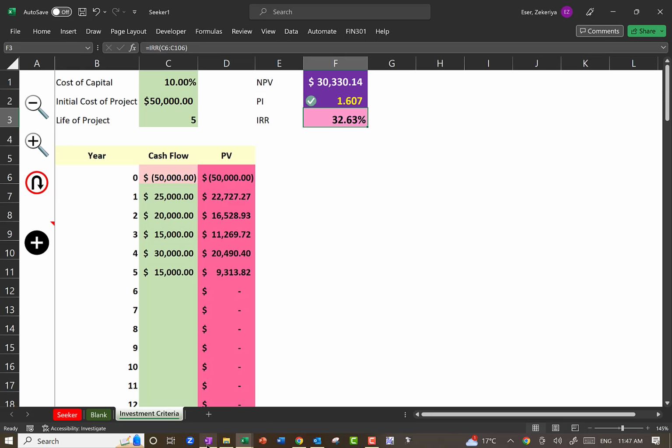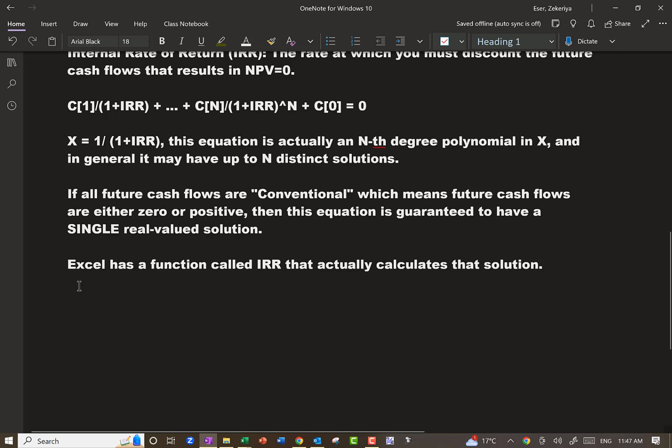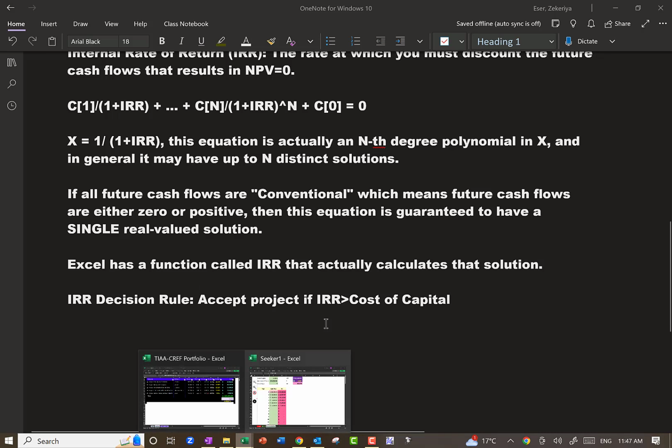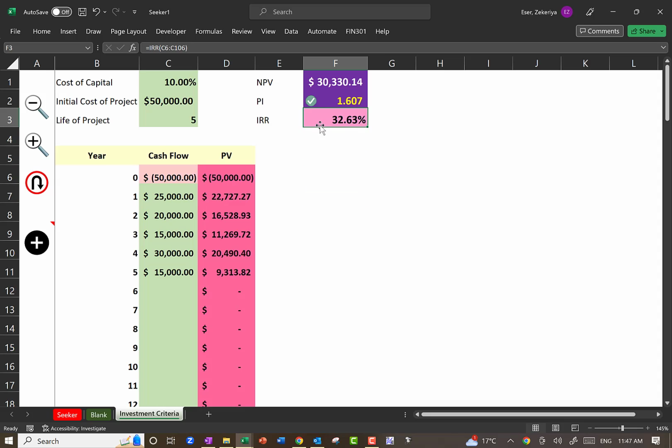And the decision rule in IRR is accept project if IRR is greater than cost of capital. I'm not going to put an indicator over there. You know how to do it. You can do it yourself.